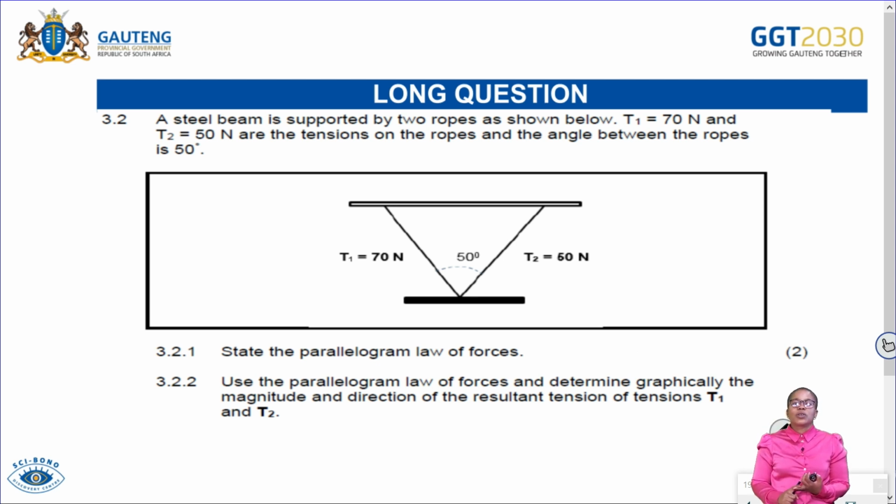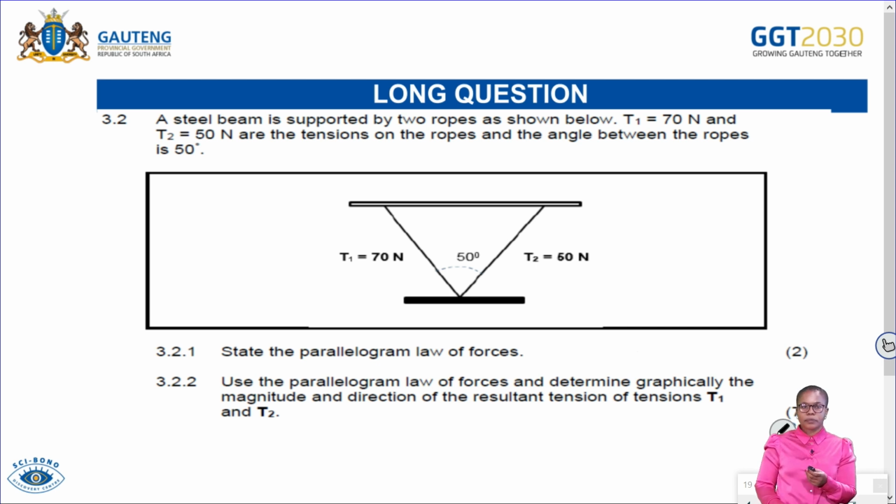Number 2, to be able to use the scale correctly. Okay, for example, you look at the magnitudes that you have for T1 and T2, both of them, and then you say, okay, which scale can I use? All right, I can use a 1:10. Okay, because I can draw 7 centimeters instead of 70, and I can draw 5 centimeters instead of 50 newtons.